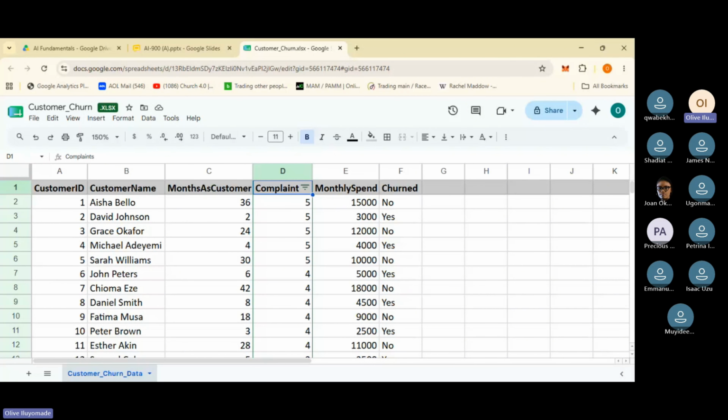The label is under the outcome, if you remember. For the unsupervised, the AI can be given all this data, but it will not have the churned column. That's the label. Churned: is it yes or is it no?